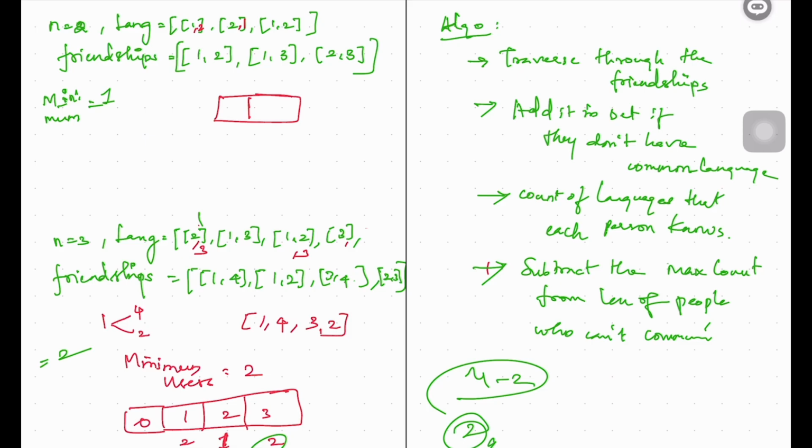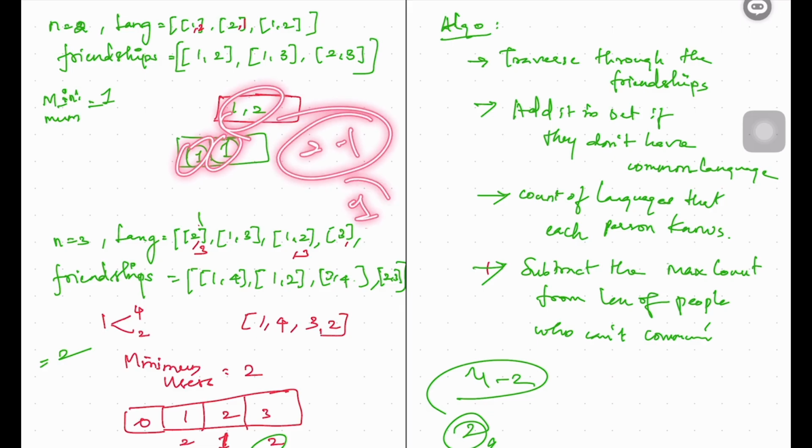Here, let me explain, the set will be those who can't communicate with each other. So 1 can't communicate with 2 because 1 and 2 have different languages. So we'll be writing 1, 2 in the set, and 1 and 3 can communicate, they have a common language. 2 and 3 also communicate because they have a common language. So in this set of 1 and 2, if you take the count of these languages, count of 1 is already 1, count of 2 is already 1, so you can take any of this count, and this is 2 minus 1.